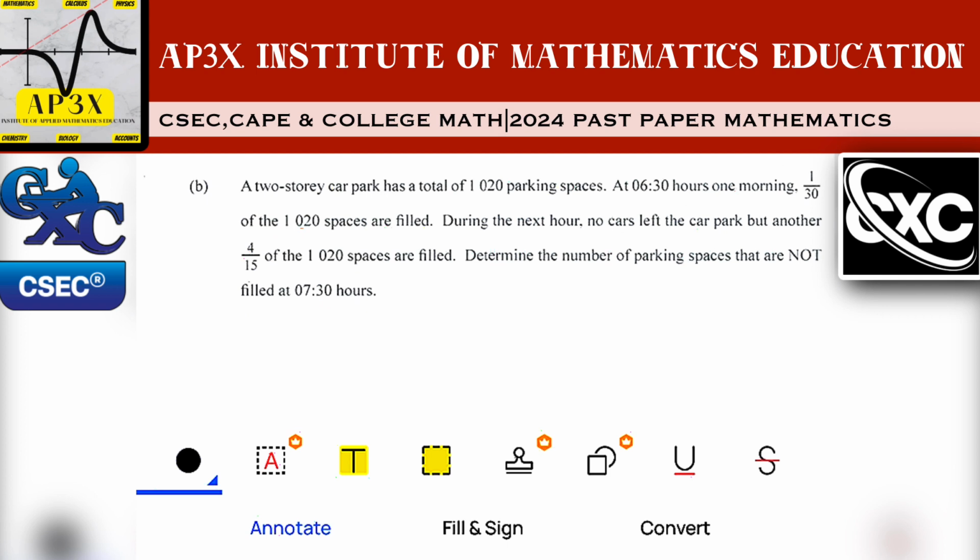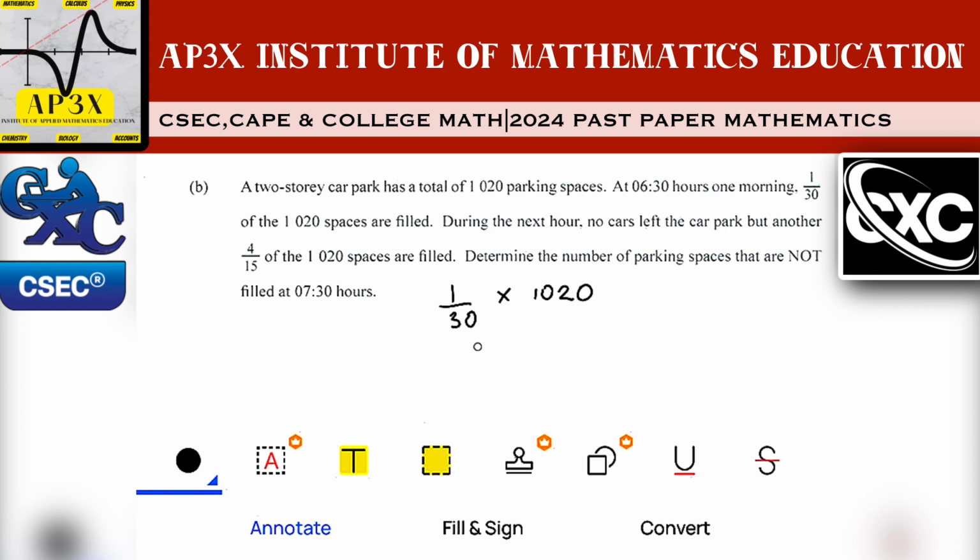All right, so this is a very interesting question that CSEC has set. This requires us to say that of the 1,020 parking spaces at 6:30 in the morning, 1/30th of the spaces are filled. So let's find out at 6:30 how many spaces were filled. It's going to be 1 over 30 multiplied by 1,020.